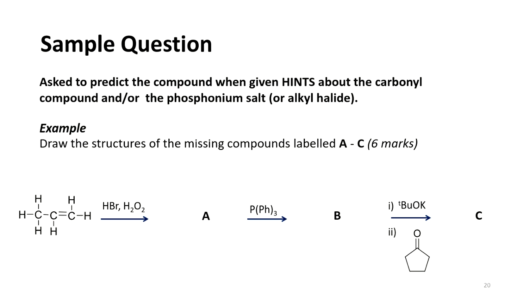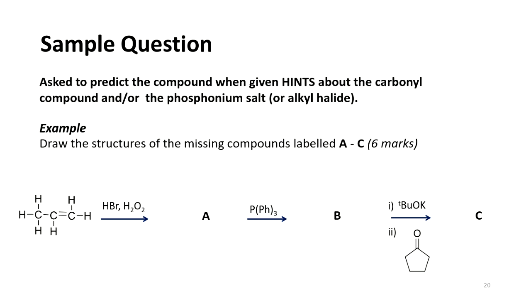So when we add HBr across a carbon-carbon double bond, which rule do we normally follow? Or based on the reagents presented, which rule is being employed here? Very good, anti-Markovnikov rule.